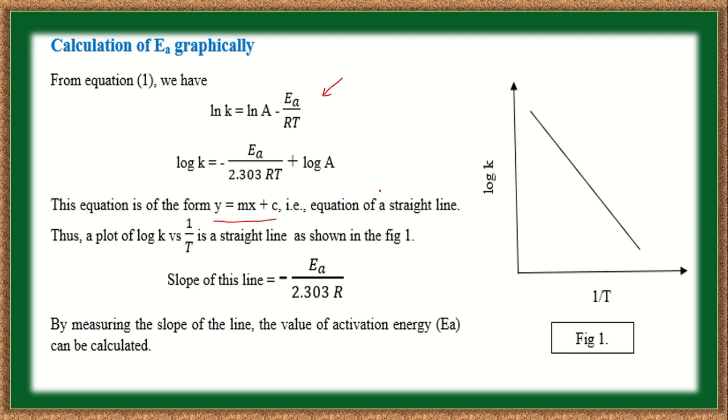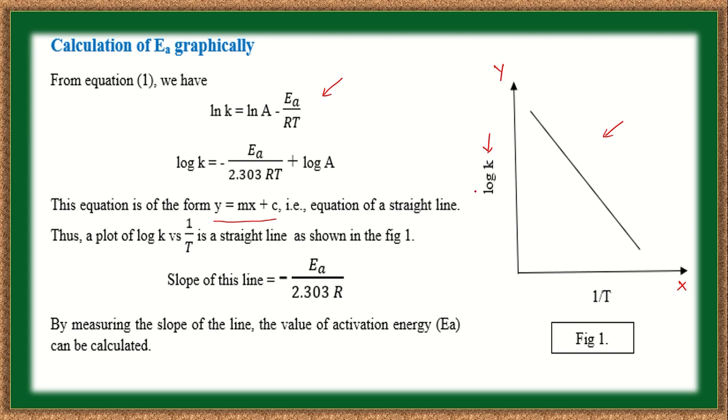That means if we plot log K on y-axis and 1 by T on x-axis, then the nature of the graph will be a straight line.